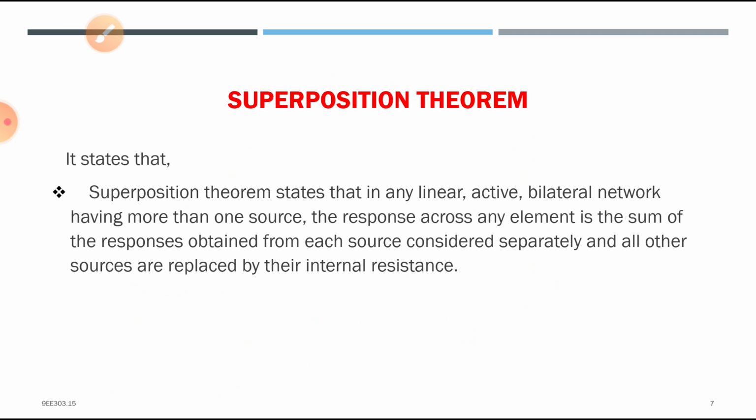The superposition theorem is used to solve networks where two or more sources are present and connected in the circuit. Have you understood? Let me tell you a simple example.